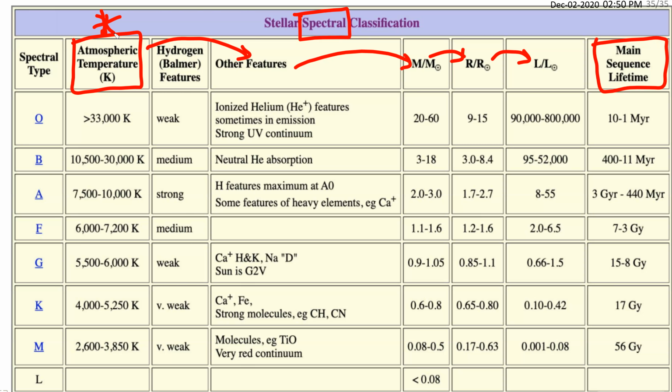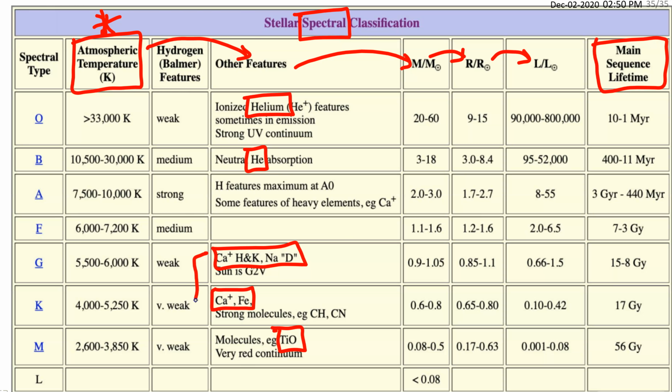Okay? We use the spectral class, or we use the spectrum of a star to figure out what elements are present. And if we can figure out what elements are present, we can figure out how hot the star is. Okay?